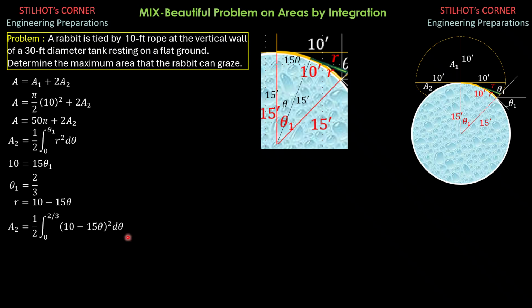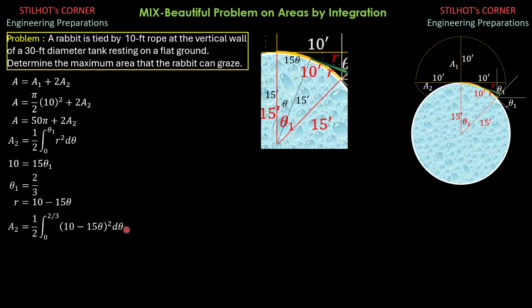You can evaluate this by expansion, and you can also evaluate using your high-tech calculator. For high school or engineering students where a high-tech calculator is not allowed, you'll be obliged to expand and evaluate this manually and verify using your calculator, especially those preparing for the board exam.